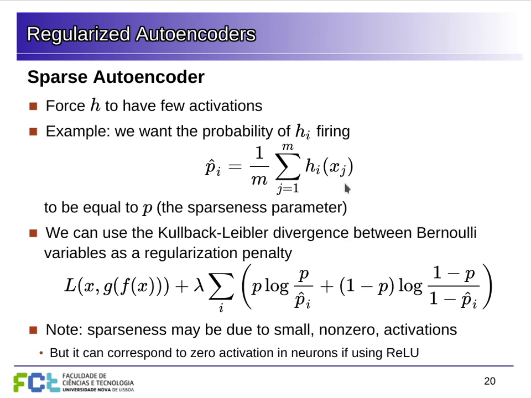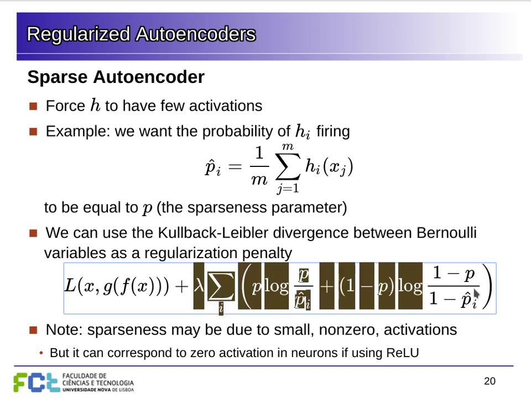Let's assume that this is a Bernoulli variable which has a probability of being on or off. This is the probability that we are measuring on our hidden layer, and P is the target probability. Suppose we want as a target only 5% of the neurons to be active at the same time in the hidden layer. So we penalize any deviation from this 5% target.